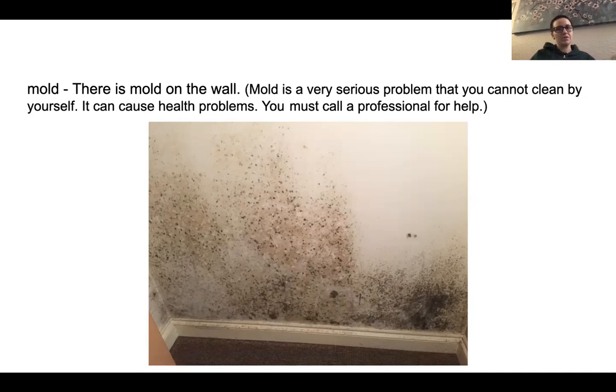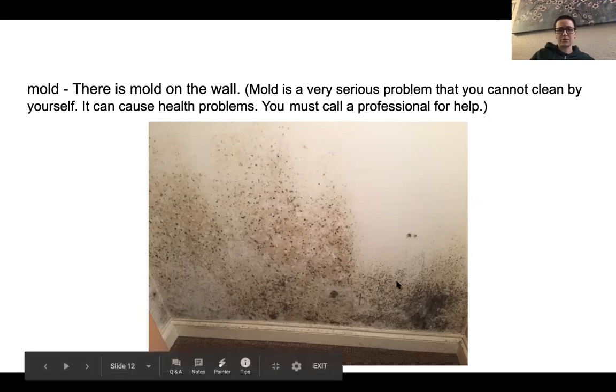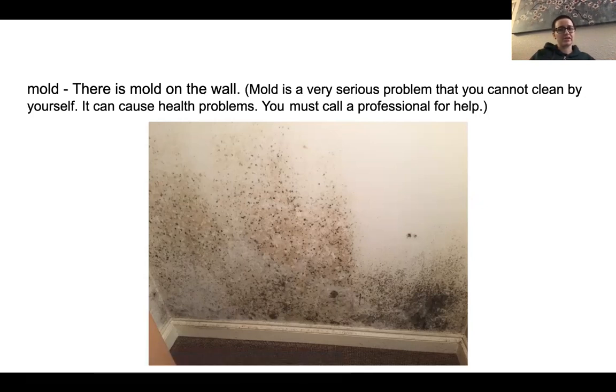Over time, you can get mold. And again, mold is very serious. It can cause very serious health problems. Something like this is a pretty severe example. But it's something that's very serious and you can't clean it by yourself, so you would need to call a professional for help in this situation.